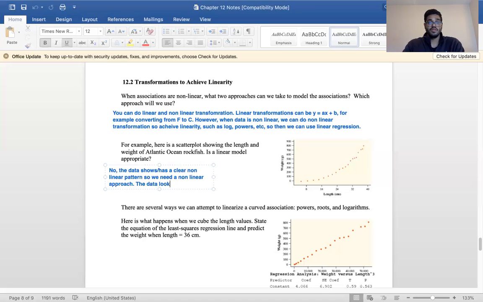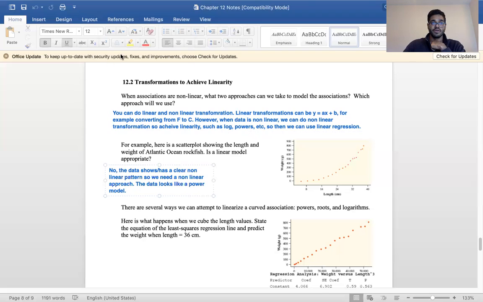The data looks like a power model. So what we did was take all the length values and cube them, right? So a cubic function.